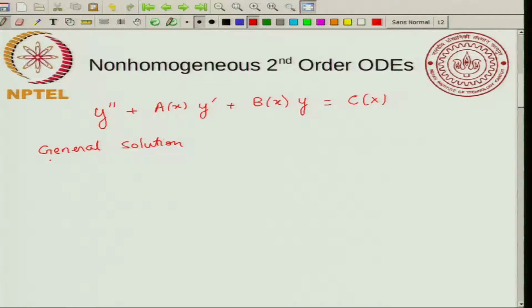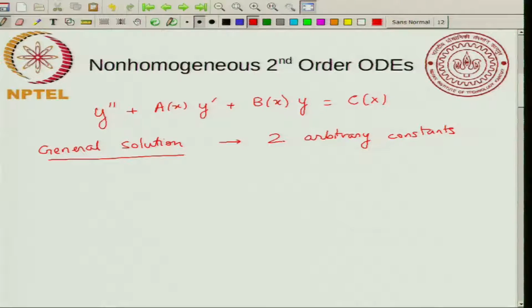A general solution means it will have two arbitrary constants, and this is what we want to get.